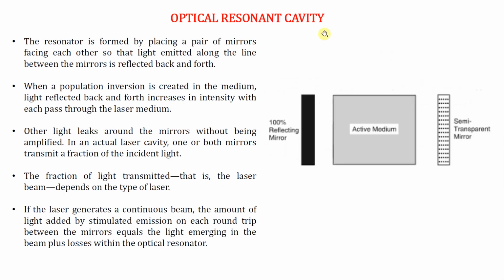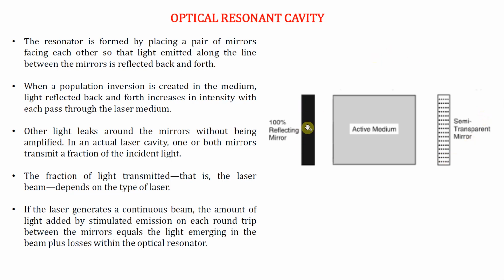Now let's understand the last component required, that is the optical resonant cavity, or another term is optical resonator. It's very simple to understand if you see this figure. You have an active medium here. This is where the entire process is going to take place. Then there are two mirrors.